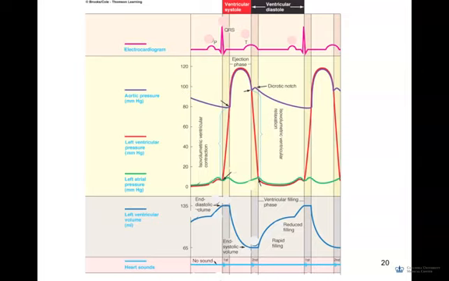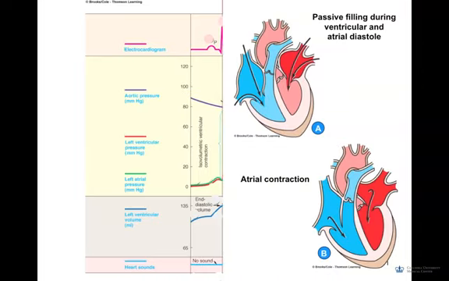So, step one. Let's cover everything up except for what we're looking at. The first event that starts a cardiac cycle is the firing of the SA node.